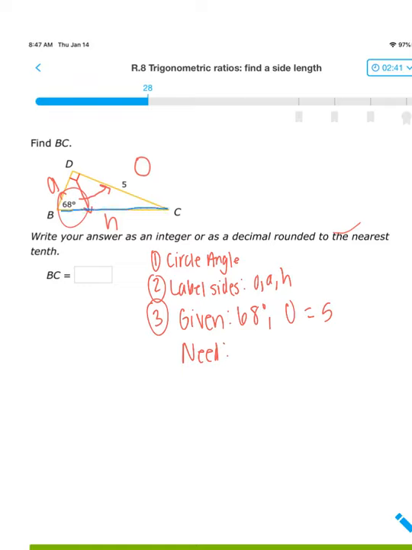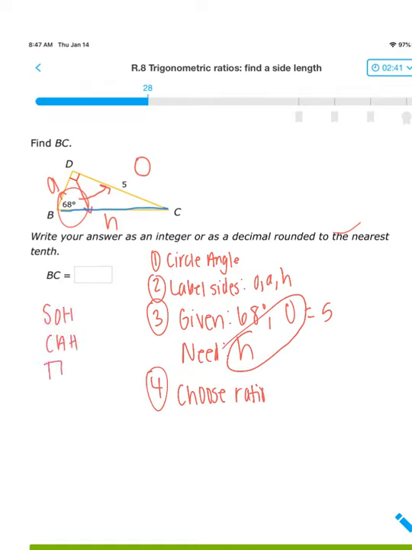I need H. And then step 4, now that I have those things written out, I need to choose my ratio. So I'm either choosing sine, cosine, or tangent. So it's whichever one relates my given and my need, which is O and H. All right, so write yourself SOH CAH TOA as a little reminder. Which one of those 3 relates opposite and hypotenuse?